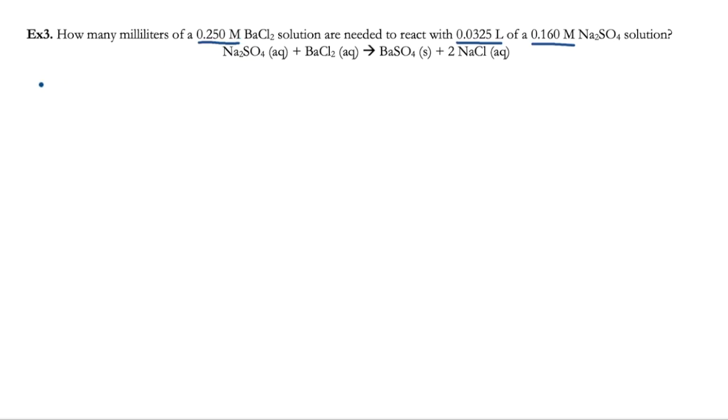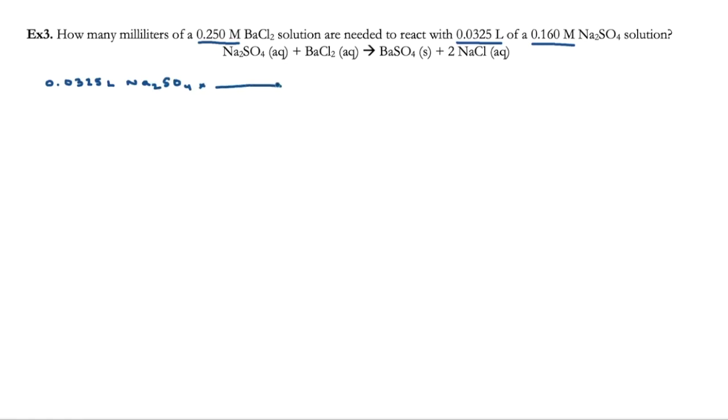So I'm going to start off with my volume of Na2SO4. So I've got 0.0325 liters of sodium sulfate, okay? And I'm going to get out of liters into moles by using the concentration.